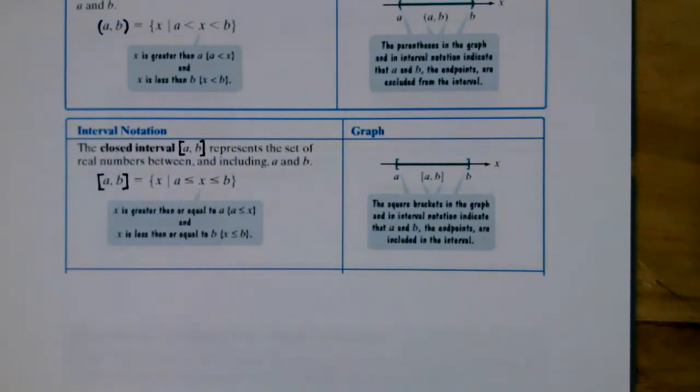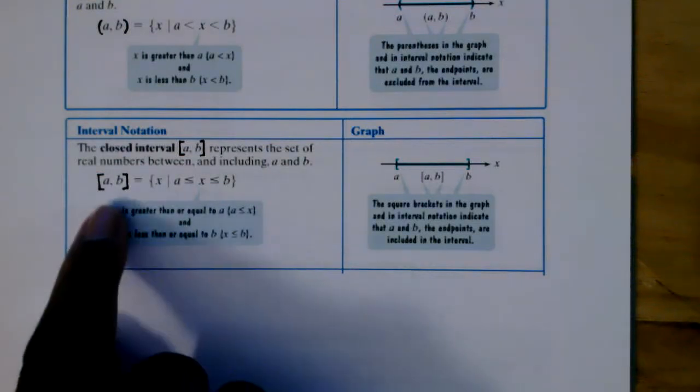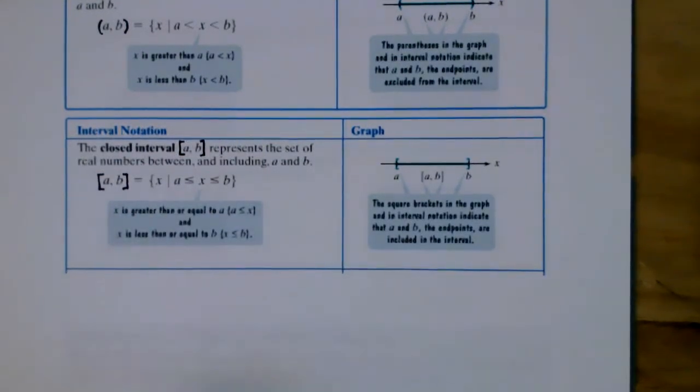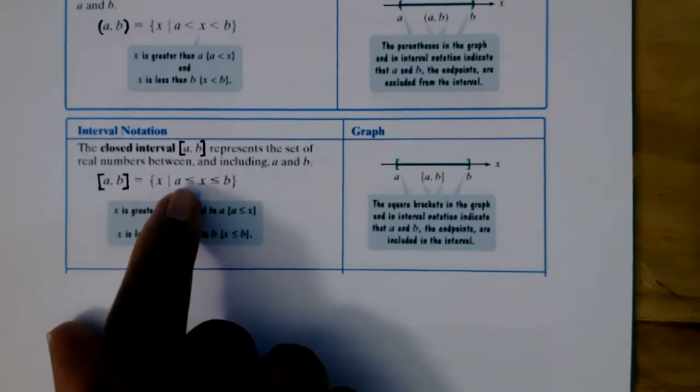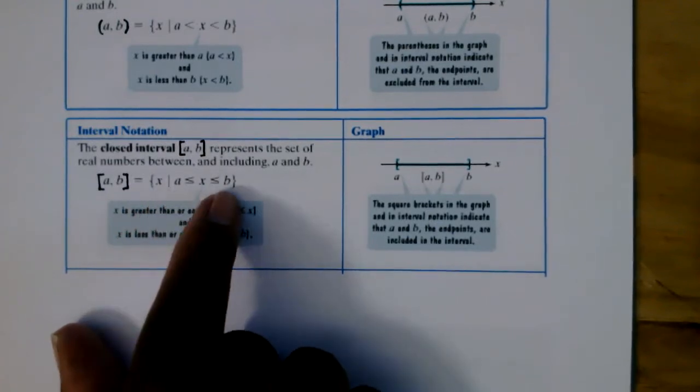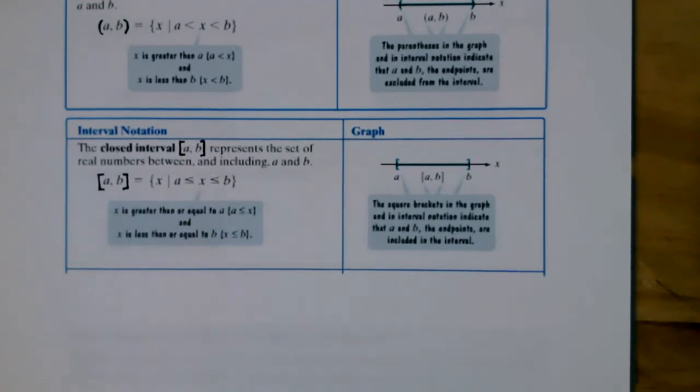So here, the closed interval, A comma B, represents the set of real numbers between and including A and B. So here, if we write that in set builder notation, it will be the set of all x such that x is greater than or equal to A and less than or equal to B. Okay. That's how we would formally read that set builder notation.